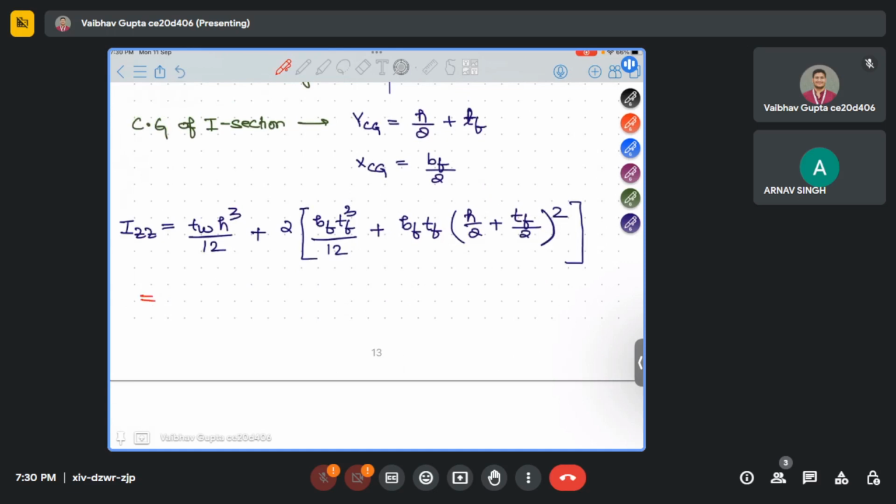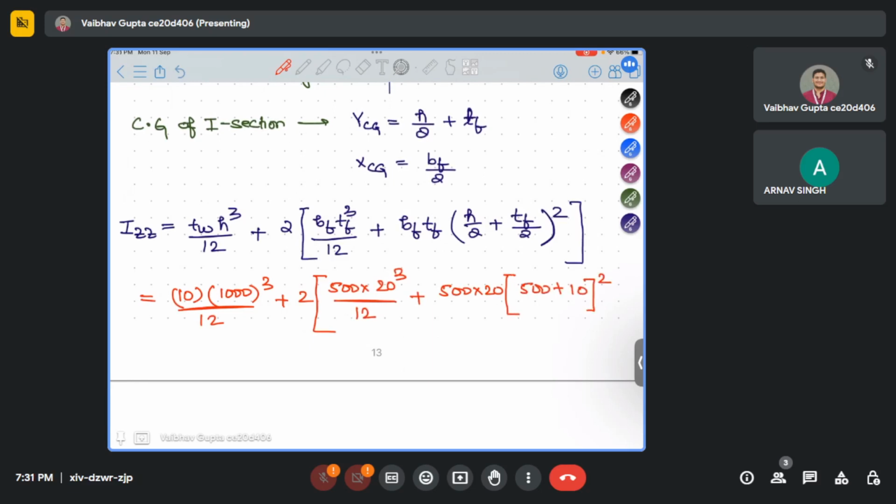Now I'll put the values in the formula. TW is 10, H is 1000 cube by 12, plus 2 into BF is 500, TF is 20 cube by 12, plus 500 into 20, into H by 2 is 500 plus TF by 2 is 10, whole square.